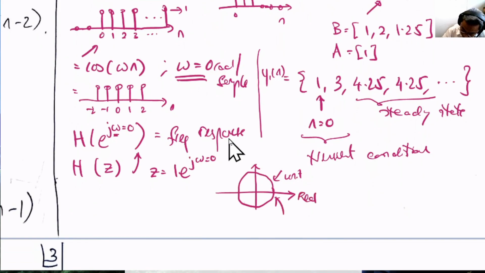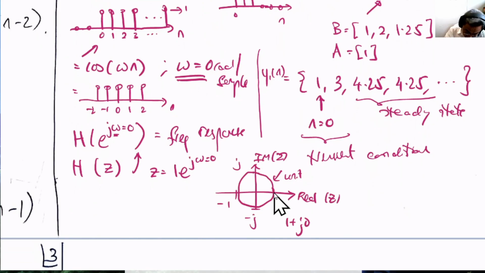This is the real part of z, and this is the imaginary part of z, and this is at 1 plus j0, and then this is j, this is minus 1, and this is minus j. So at 1·e^jω with omega equals 0, it is basically at this point. When omega goes from 0 to 2 pi, we are following this curve, which is the unit circle from angle 0 to angle 2 pi. Alright, so we will evaluate H(z) at this unit circle value.